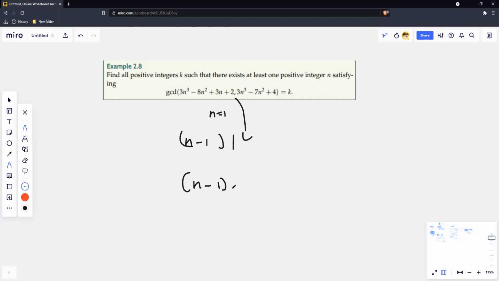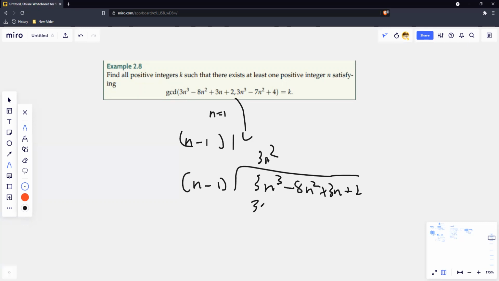So if we divide this, I can also use synthetic division, but I'm not as good with that. Synthetic division only works when the divisor is a linear expression.